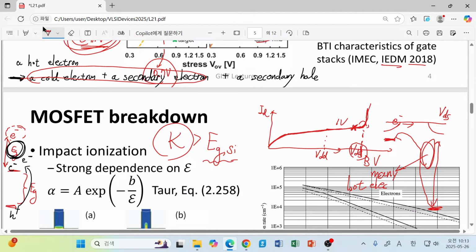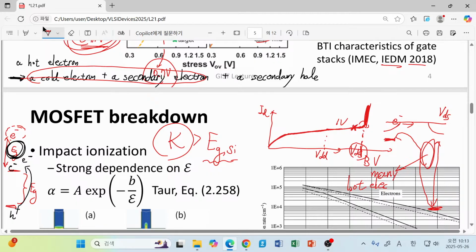Then we will have 4. Now we will have 8. Now we have 16. So starting from one electron, if it can double its value during its journey, we will have tons of electrons generated from this one single hot electron. That's the reason why we have quite a rapid increase of the current density.